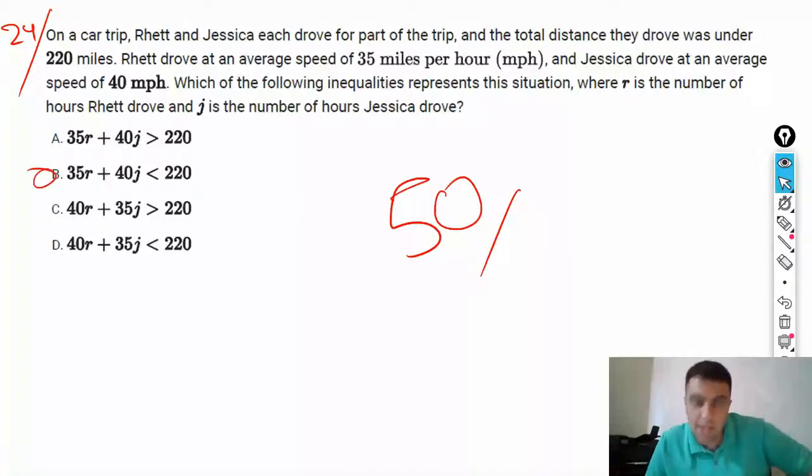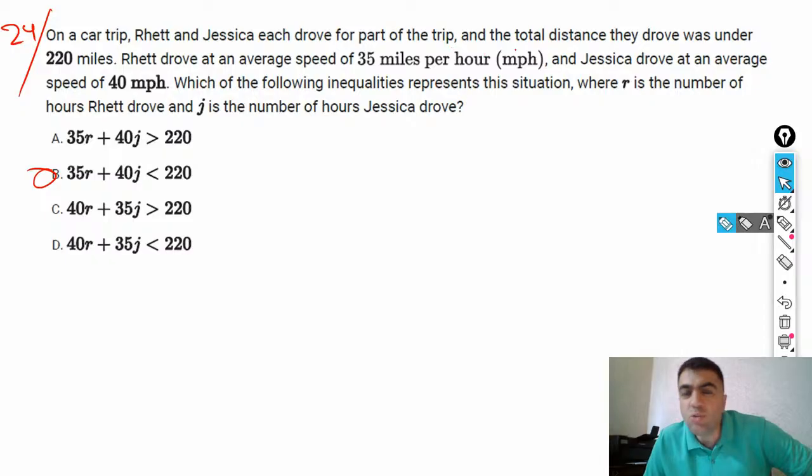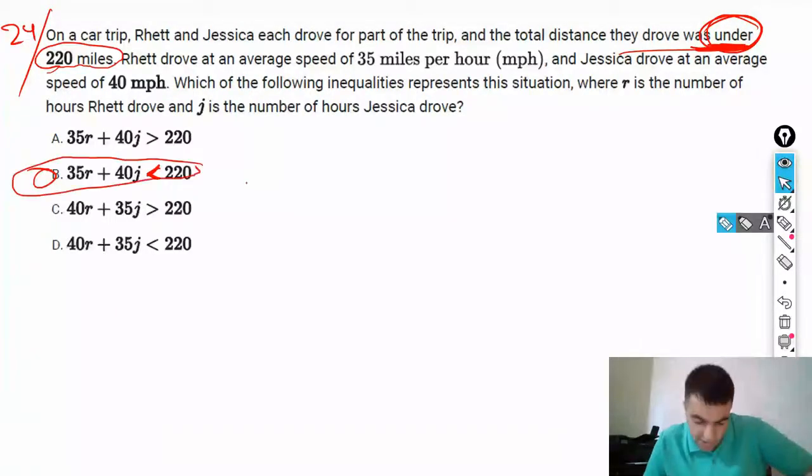This is B. Let me explain why it is B. You see here, they drove under 220 miles, right? Under means it is not greater. It should be this one. Did you understand? Mrs. Saida, did you understand why it is B, not A?